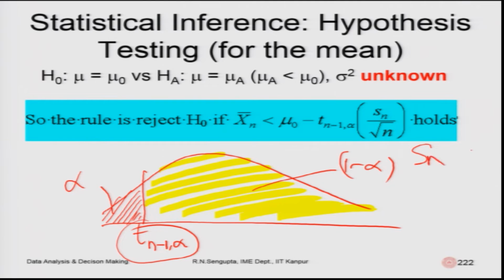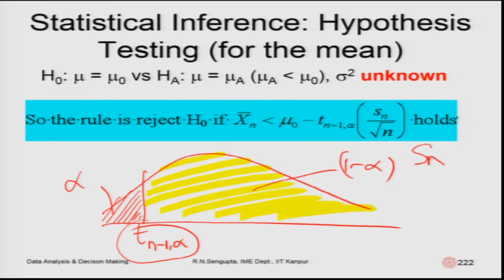Because you do not have any information on the population mean. So, you will use the sample mean as the best estimate for the population mean, and as you have used the set of observations 1 to n to find the best estimate for the population mean using the sample mean, the degrees of freedom is reduced by 1, and obviously this would be S n divided by square root of n, as the formula is.